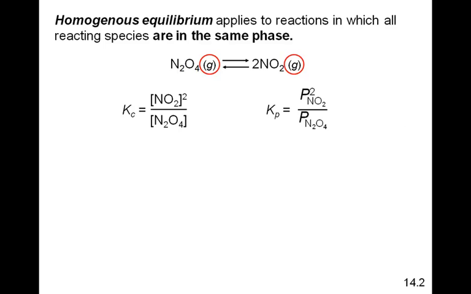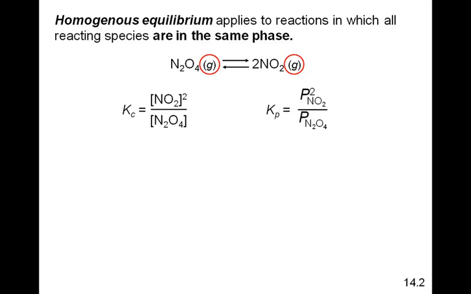We can also establish what is known as a K sub P. This is based upon pressure. Now we're not going to go through the derivation, and if you'd like to, you can certainly look it up in your textbook. But K sub P is going to be equal to the pressure of the NO2 squared over the pressure of the N2O4.